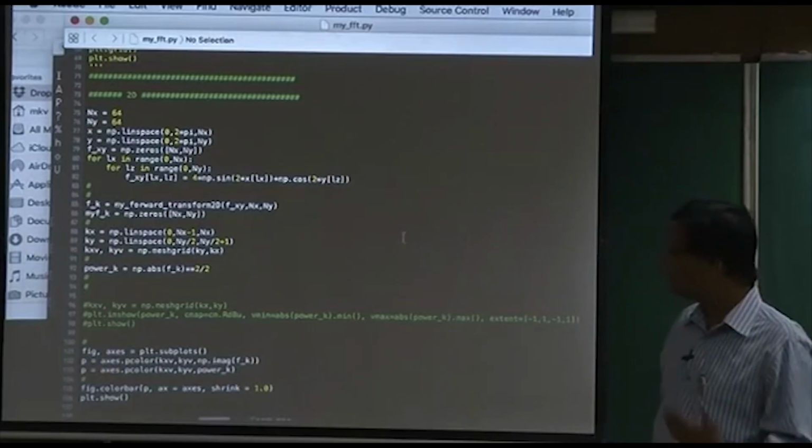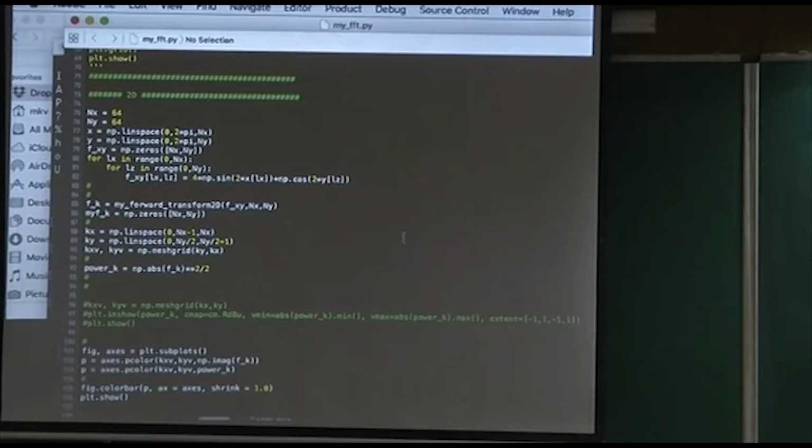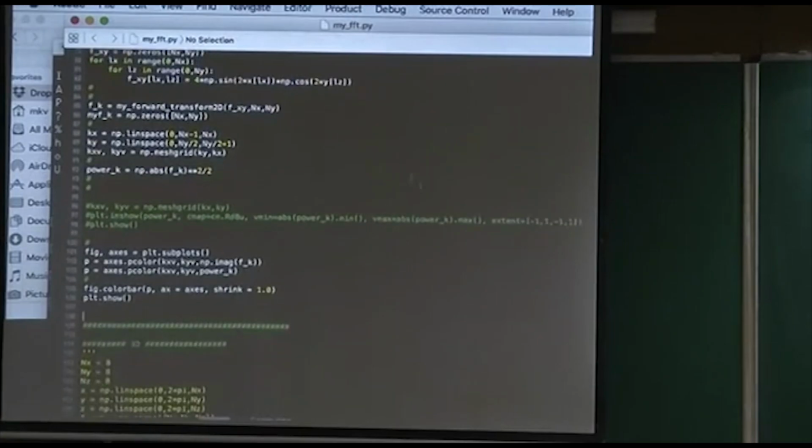We can also look at the non-zero values. So, let us just see the color plot.